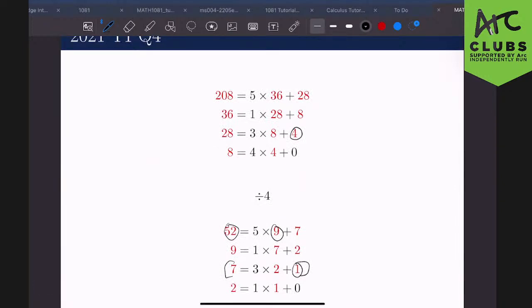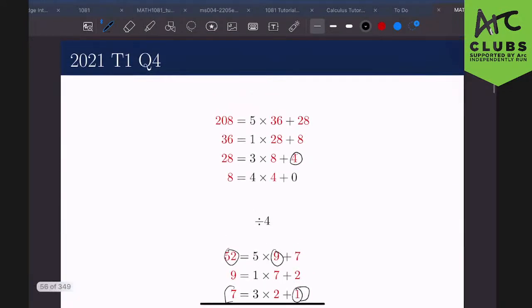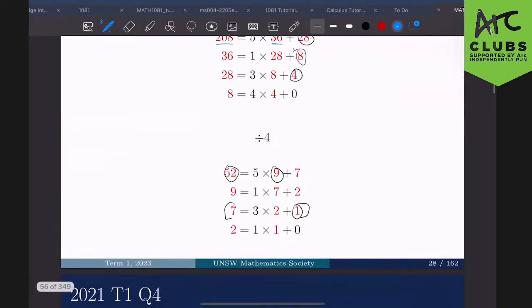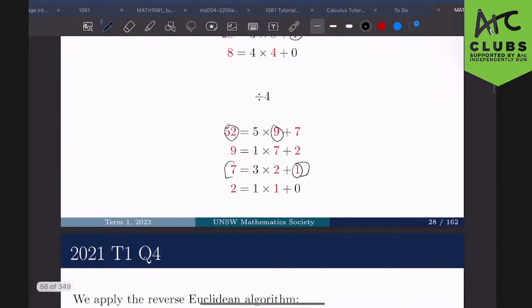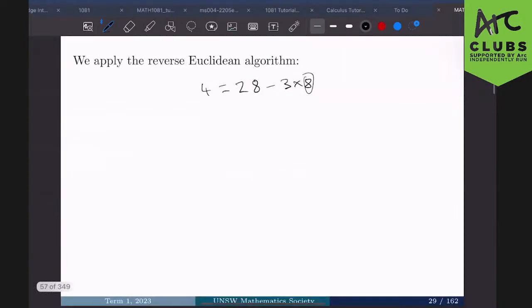So obviously we start with 4, and then we'll take 8, because that's our next one, and we'll rewrite 8, and you're just slowly working up this ladder, and then we'll sub in 28, and eventually we'll find that our equation will be in the form that we want in terms of only 208 and 36. I've done the reverse Euclidean algorithm with the smaller numbers because I find it's much faster to do in your head or in the calculator.